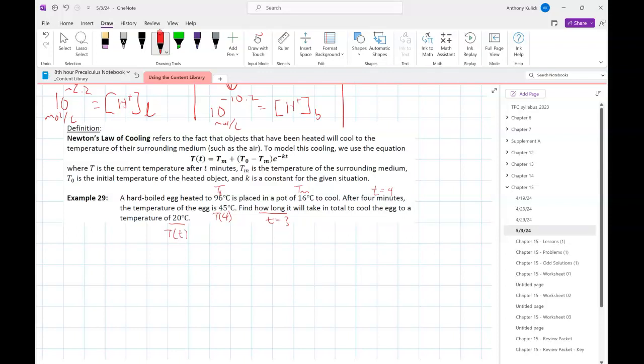Look through what we've written down and compare that to the formula. Is there anything in the formula that we are not given? Is there any input to that formula that we weren't given in our story problem?